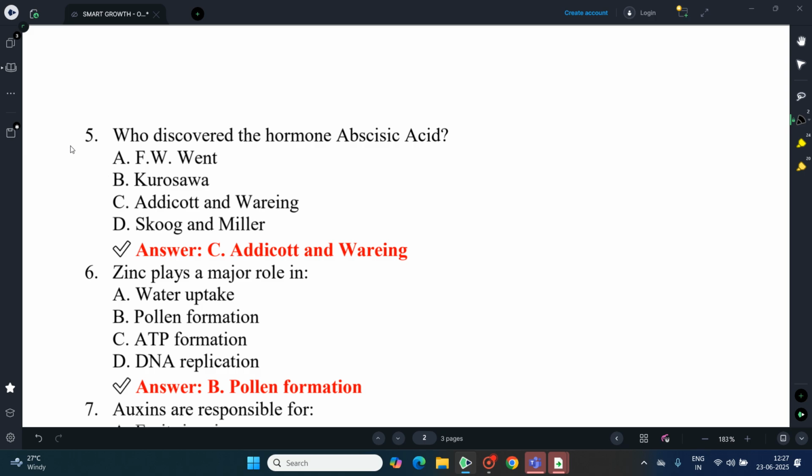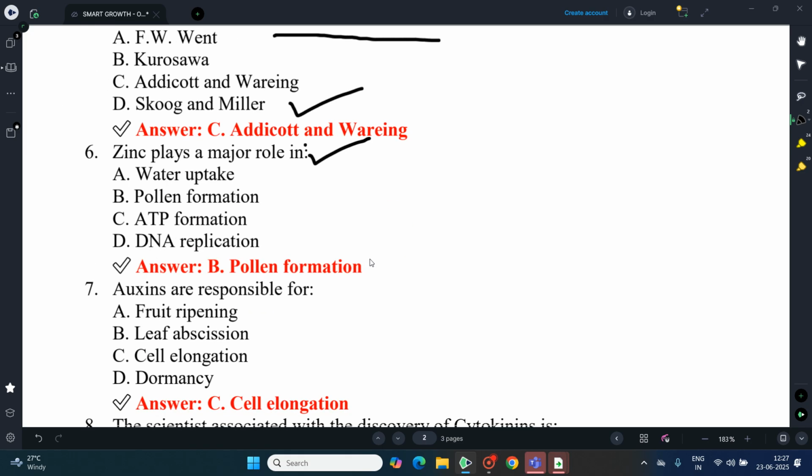And the fifth question, who discovered the hormone ABA, abscisic acid? And the correct answer is Addicott and Waring. And the sixth question is, zinc plays a major role in pollen formation. This is more important.